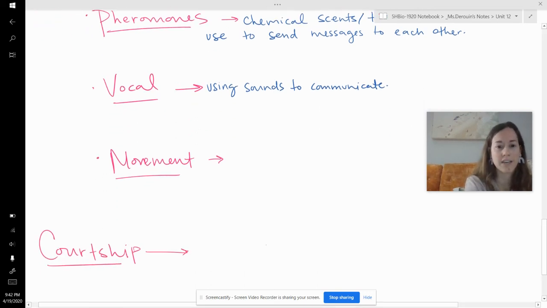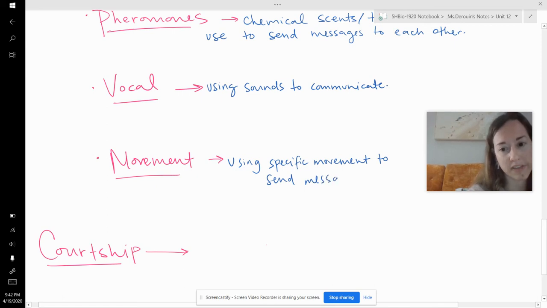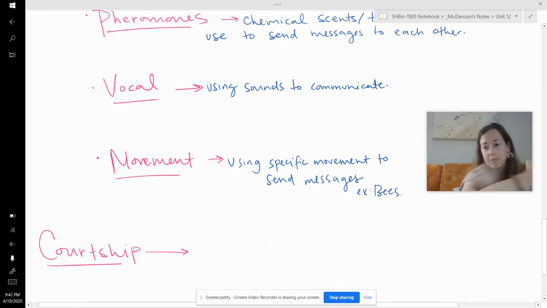And then movement. Some animals actually can communicate by using specific movements of their body. This is using specific movement to send messages. And the coolest example of this is bees. There's a specific dance that bees do.